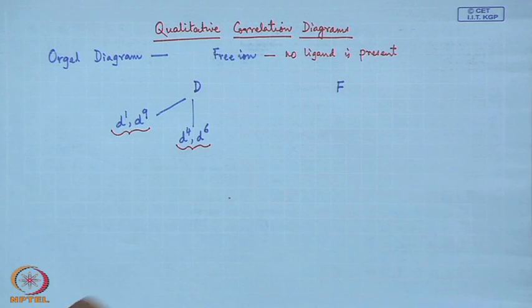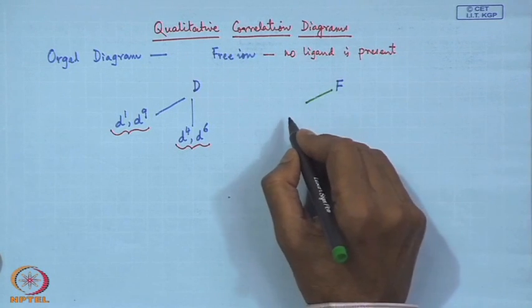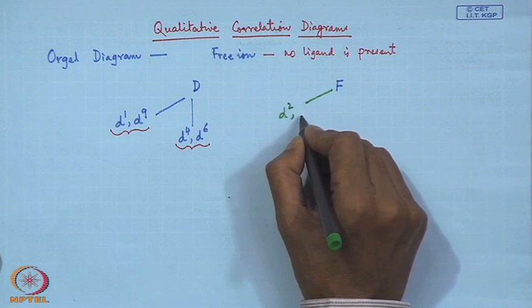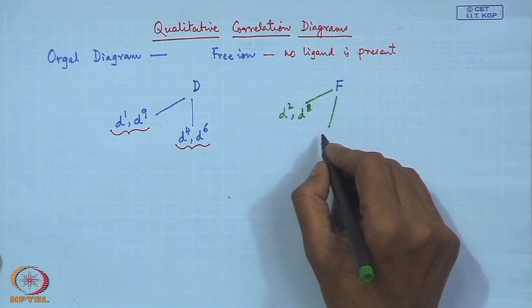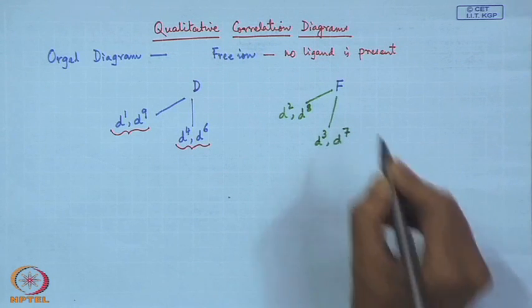Similarly, for F we can have the corresponding D2 and D8, and D3 and D7 as the next two.